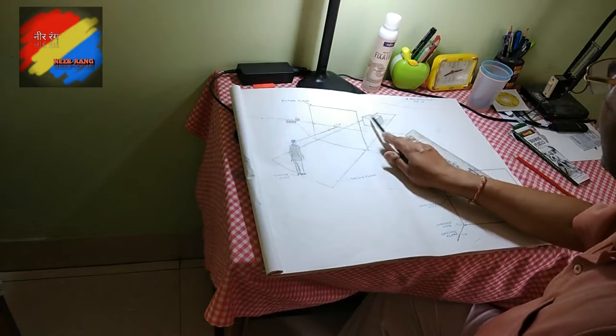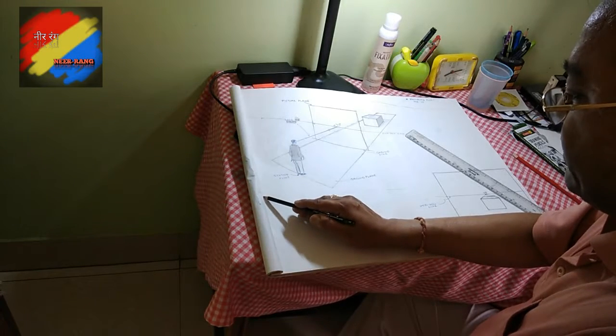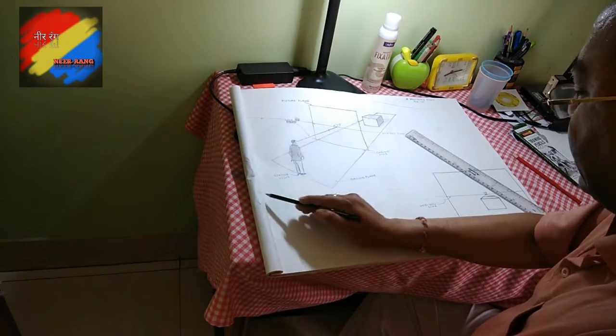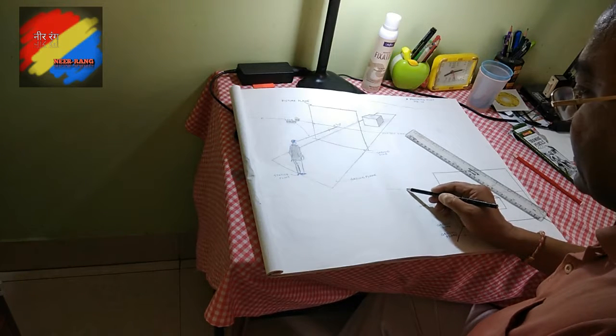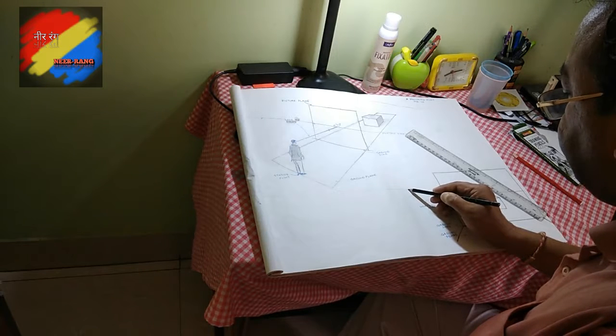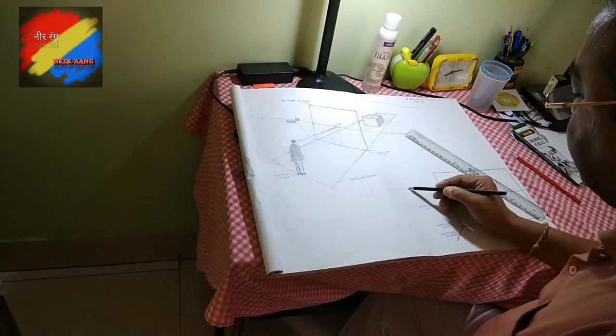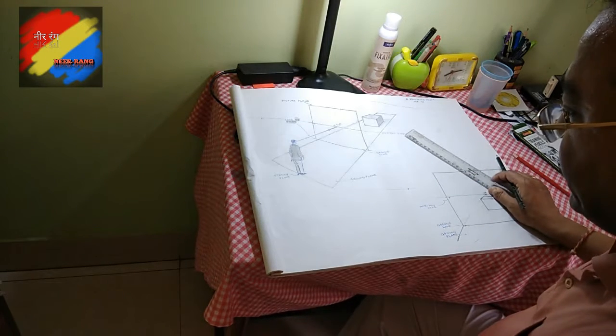So I will be seeing this side as well as this side. Therefore, there will be two vanishing points. So let this be one vanishing point, and let the other vanishing point be here. How we get this vanishing point, I will tell you in detail in some other video.